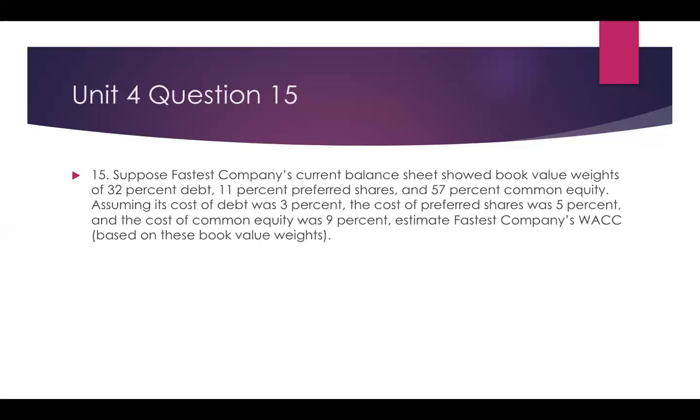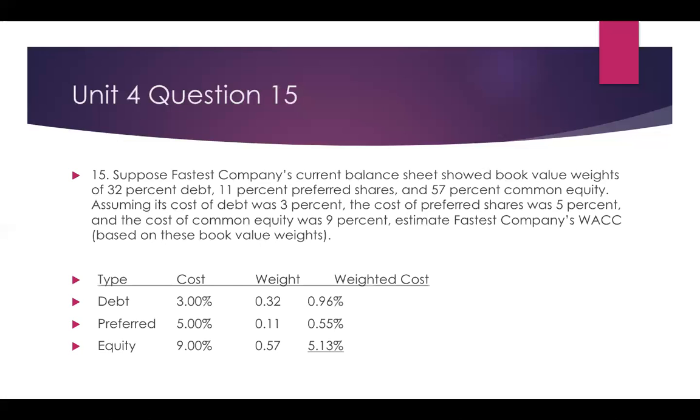Once again, always best to start with the information that you have. And in the chart that you'll see there, you'll see that the debt, the cost of 3%, weight of 32%, which brings a weighted cost of 0.96.